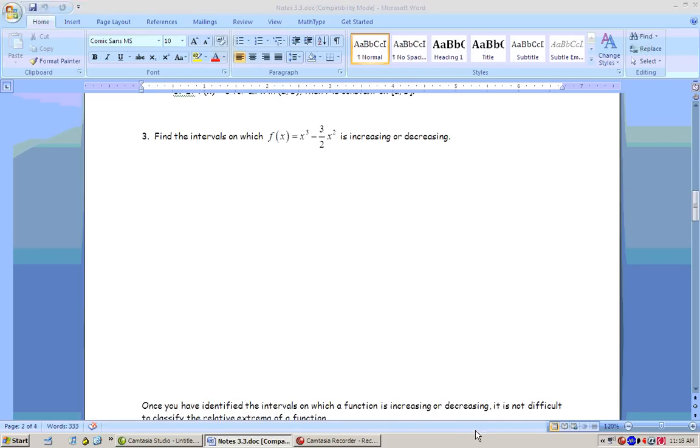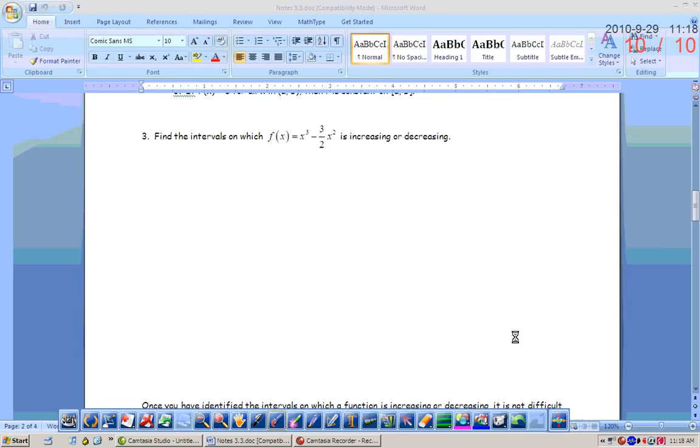So what we need to do is take the derivative and figure out where the derivative is positive or negative. So for number 3, the derivative will equal 3x squared minus 3x.